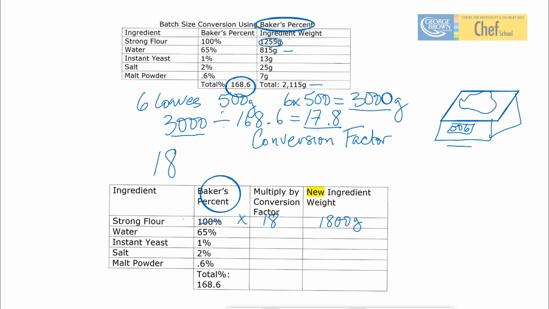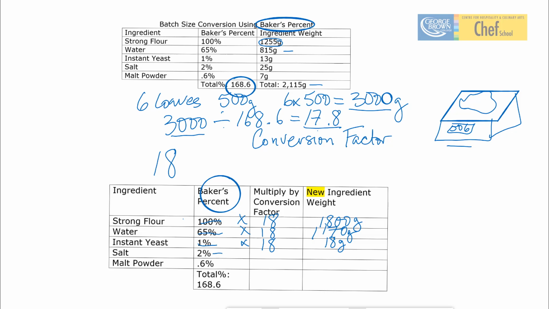And our water is 65 times 18. And our new ingredient weight for the water is going to be 1,170 grams. Multiplying 1% times 18, and we end up with 18 grams of yeast.